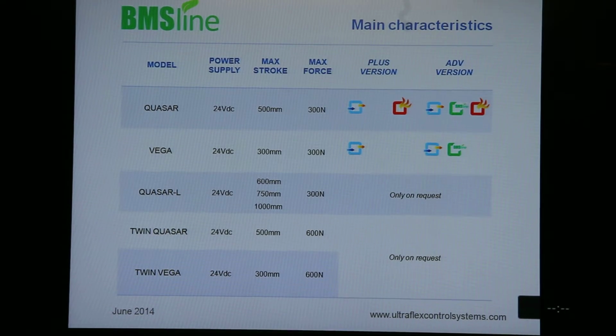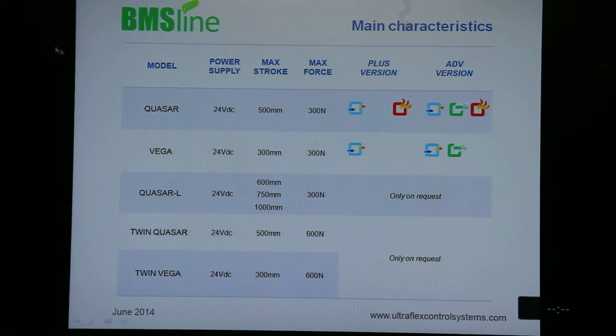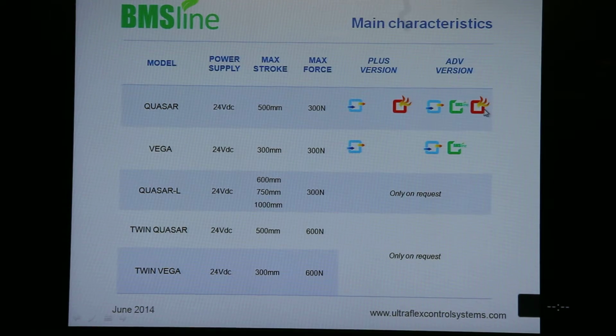Now let's see some characteristics of the BmS line, in which Quasar needs a power supply of 24 volt direct current, maximum stroke is 500 mm, and the maximum force is 300 Newton. It is applicable in natural ventilation and smoke evacuation, and the advanced version is applicable in three types: natural ventilation, BmS line, and smoke evacuation.